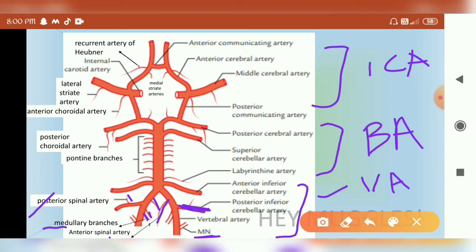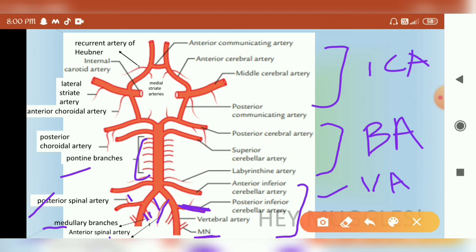Then we have the basilar artery. So first is your pontine branches. Here you can see numerous pontine branches. These are your pontine branches, right? These are many in number, and as the name suggests, pontine, they are supplying the pons.